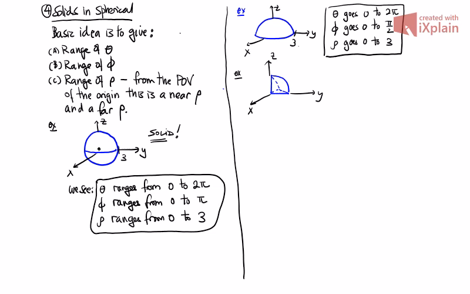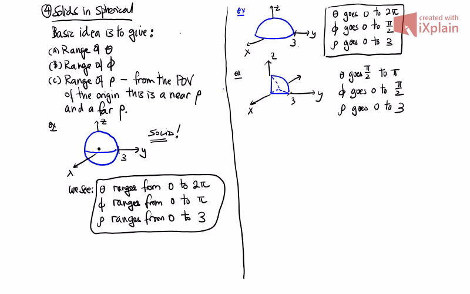It's the piece in the back quadrant, or back octant right there. So for this one now theta changes, because theta doesn't begin until pi over 2. So theta goes pi over 2 to pi. Phi still goes 0 to pi over 2, and rho still goes 0 to 3.